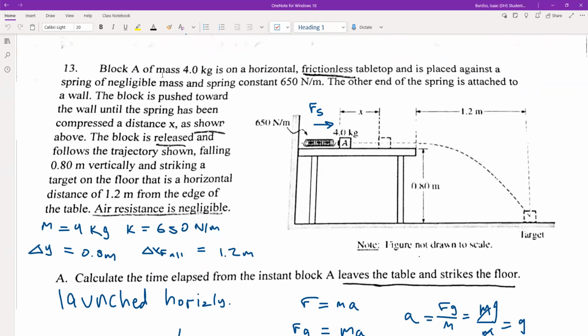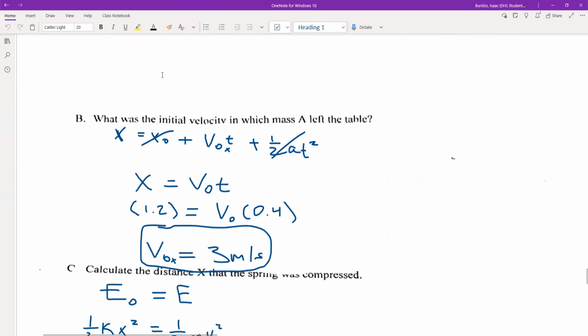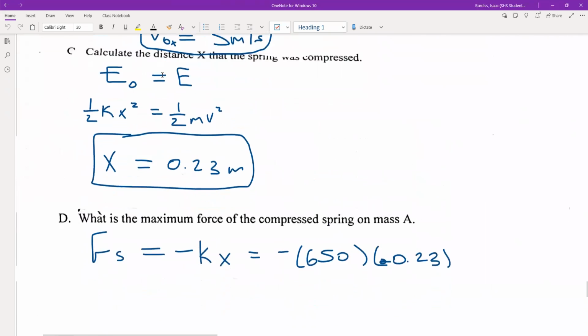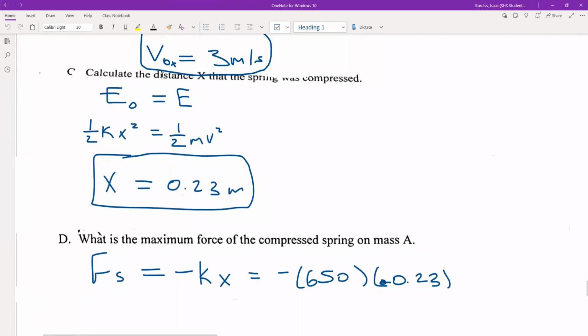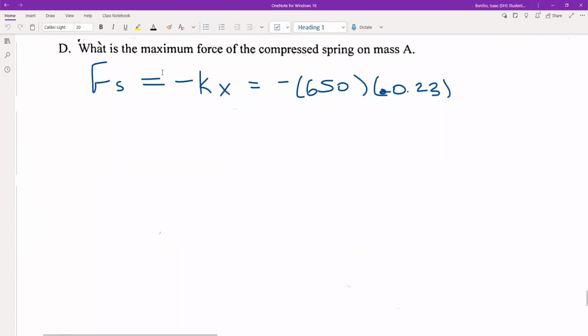So that's to the right, so it's positive, and also the displacement is negative when it's compressed because it's before the equilibrium point. So that's why we have to make it negative at that part. Before in C, it's positive because it said distance and not displacement. That's something to take note of. That's why you have to know the keywords. And that would make the restoring force, or the maximum force, 150 newtons.